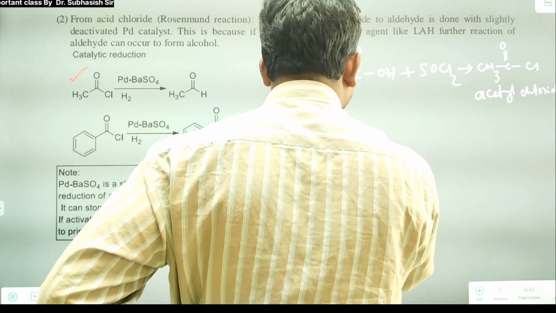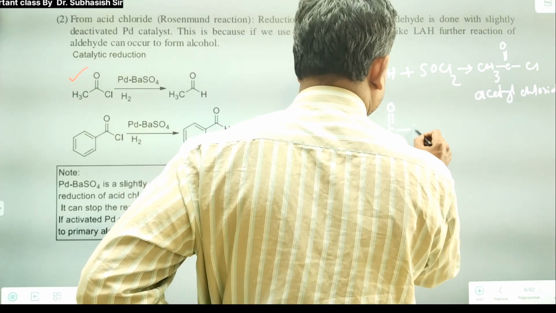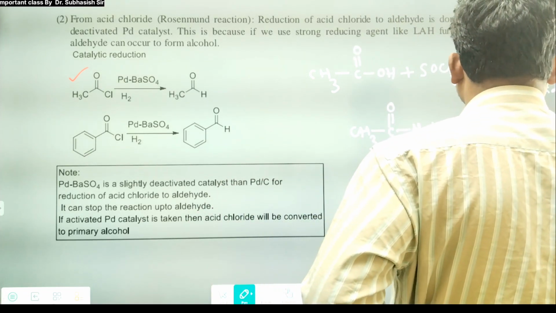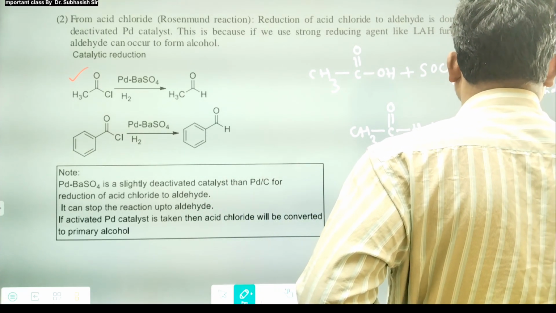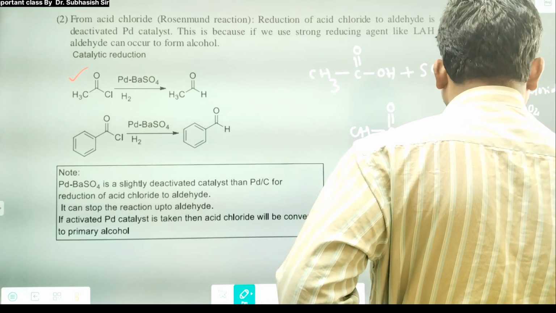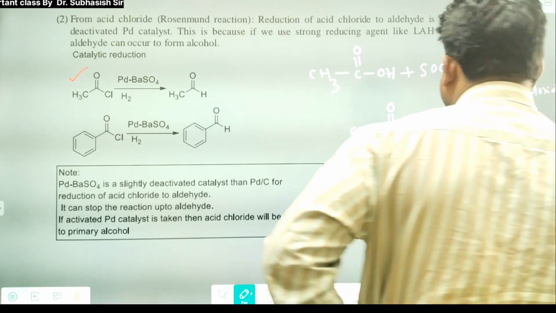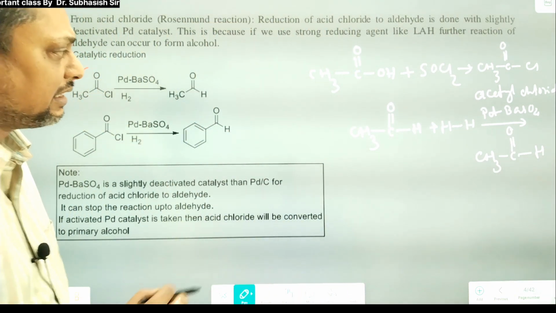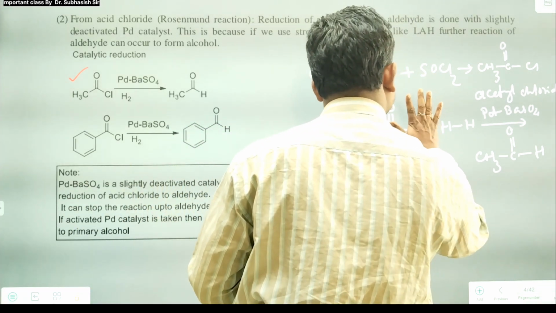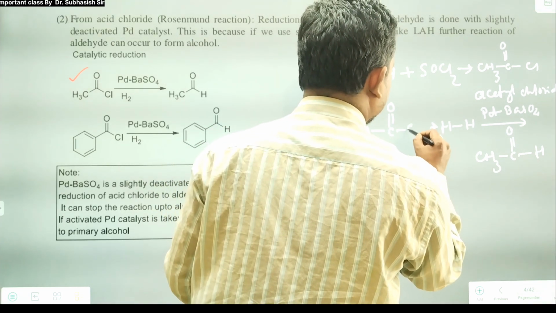Now this acid chloride, when it is reduced with hydrogen in presence of palladium on barium sulfate, then we will get what? CH3CHO. Now you can see clearly that here there is a chlorine.